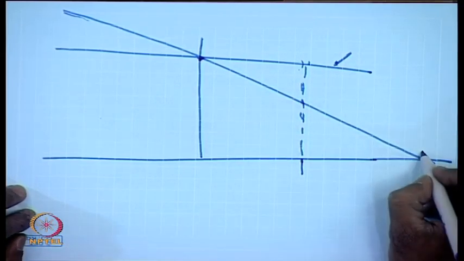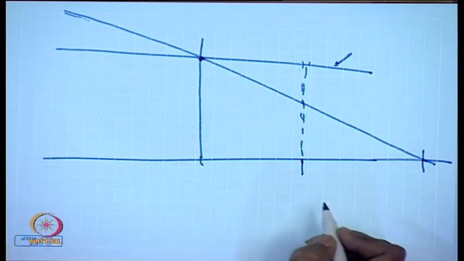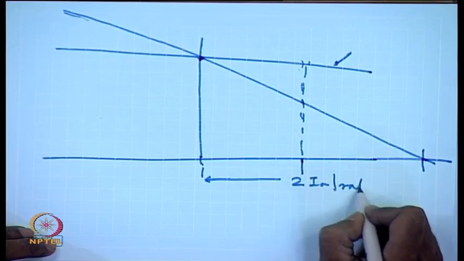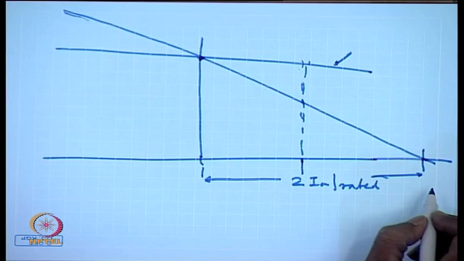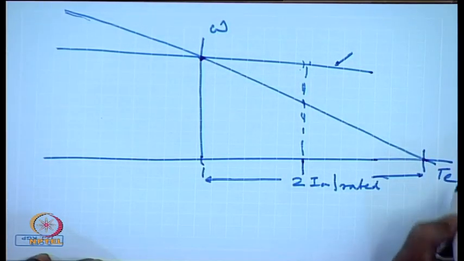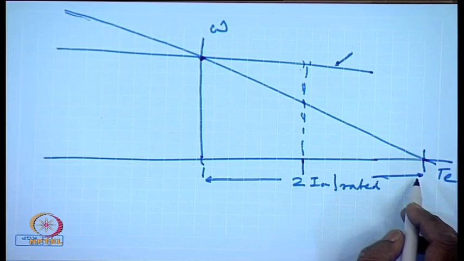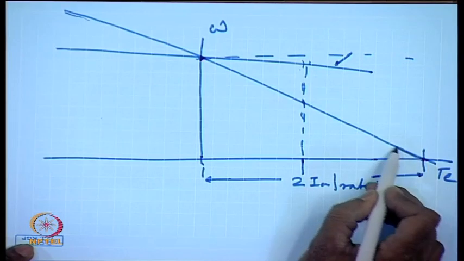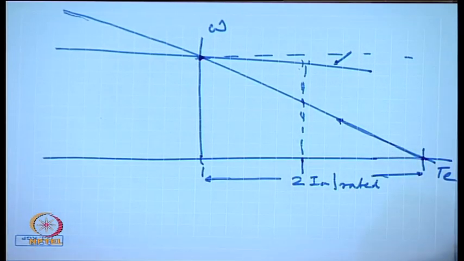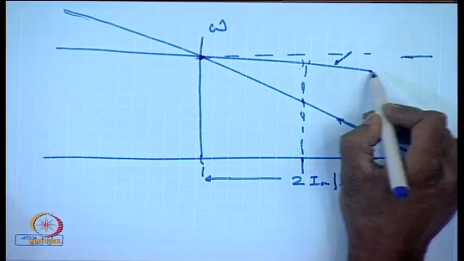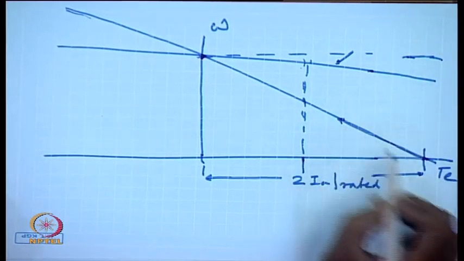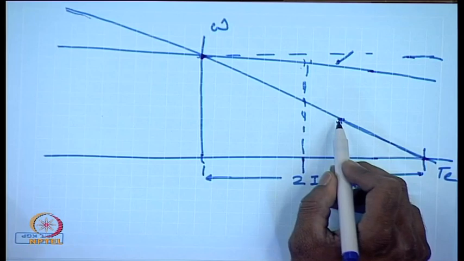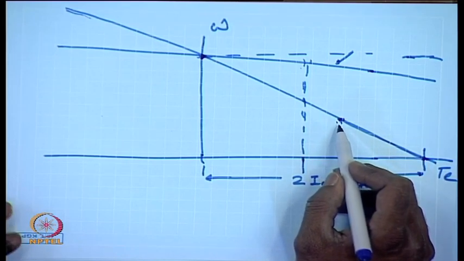But then we see that although at start the motor draws 2 times rated current, as the speed of the motor increases, the operating point moves along this line. So, as the motor speeds up, the current starts reducing. That way, the acceleration of the motor becomes slow.